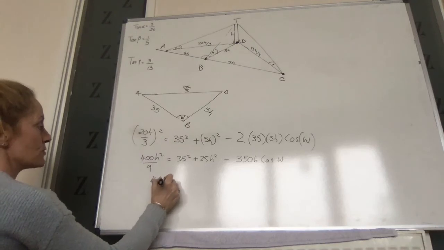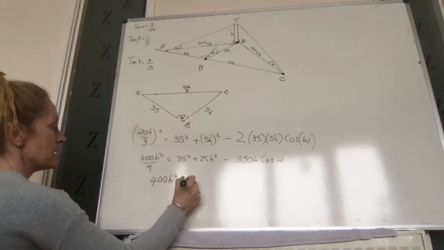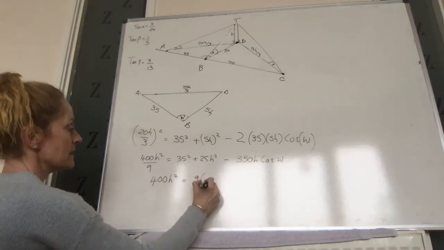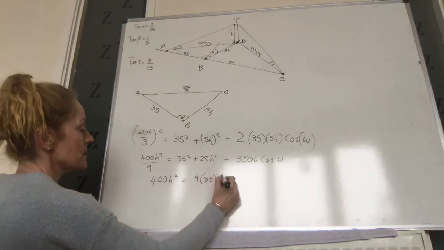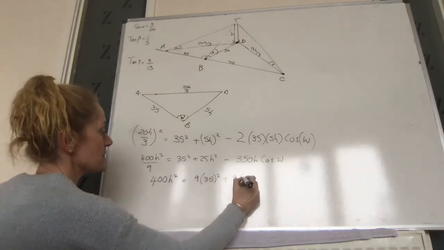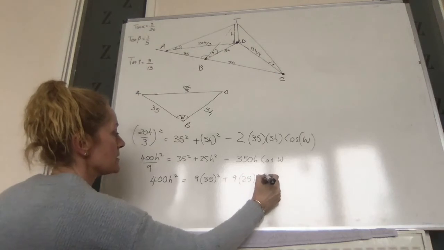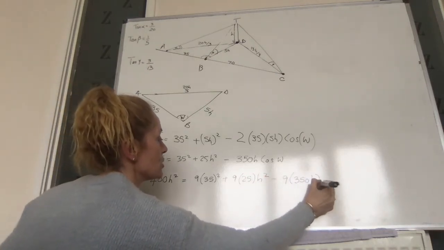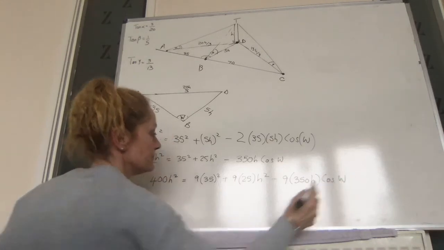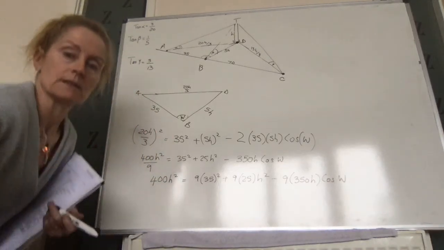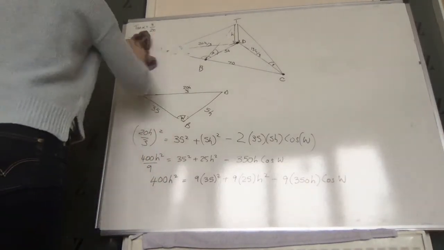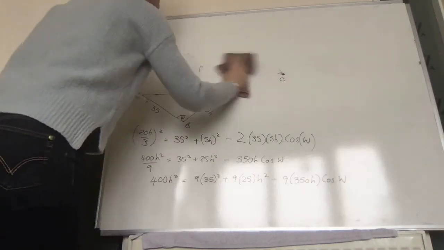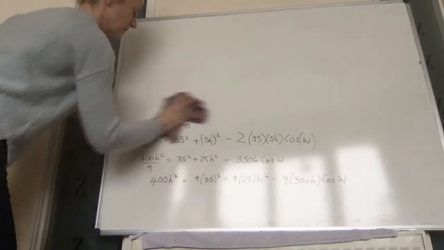So 400 h squared is equal to 9 times 35 squared plus 9 times 25 h squared minus 9 times 350 h cosine W. Okay. Move that up. Horrible feeling I might have to draw that again, but anyway.